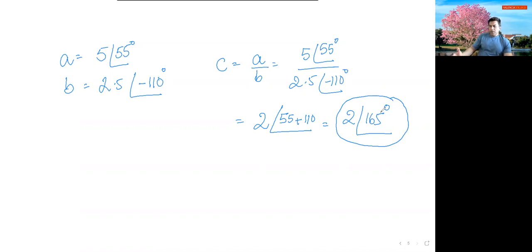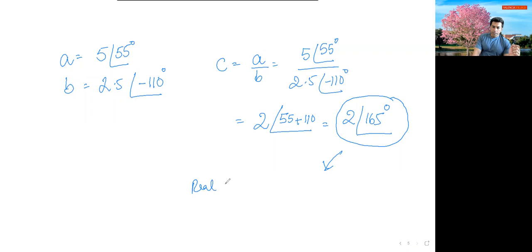So again, not extremely hard, but a little bit of work. So many times, if you're performing division and the numbers are given in rectangular form, it's easier first to convert the numbers to polar form, then divide them, and then convert the result back into rectangular form.